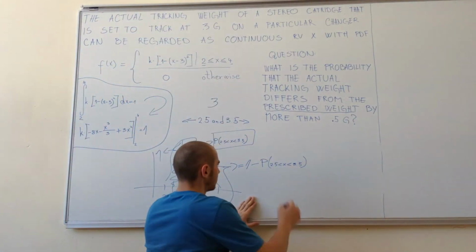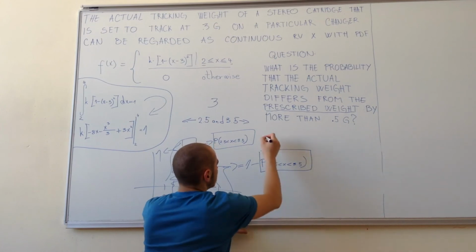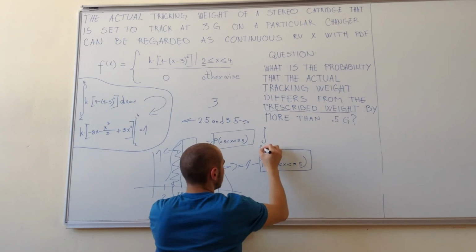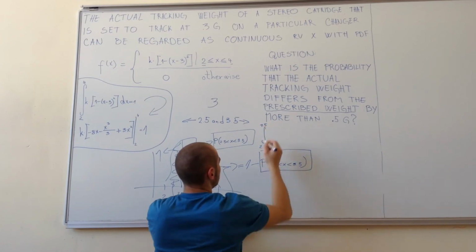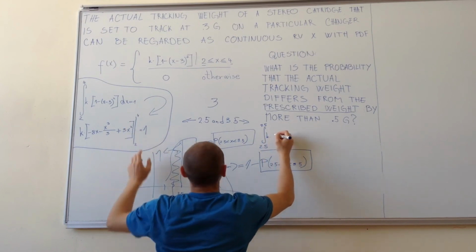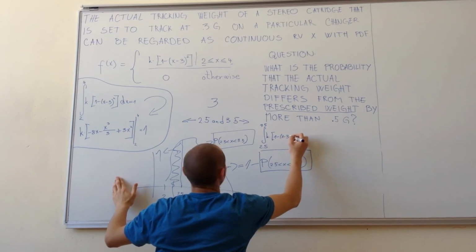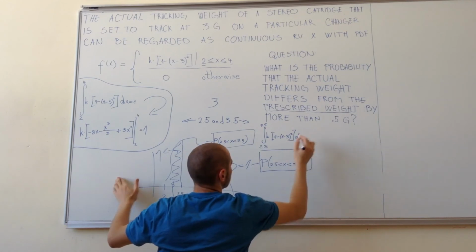Now we will just calculate this part. We will firstly calculate this one, which we write as an integral from 2.5 to 3.5 of k times 1 minus (x minus 3) squared dx. That's it.